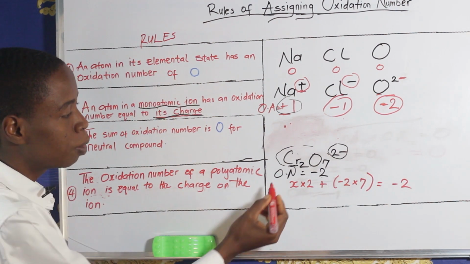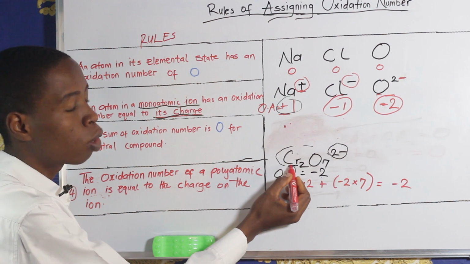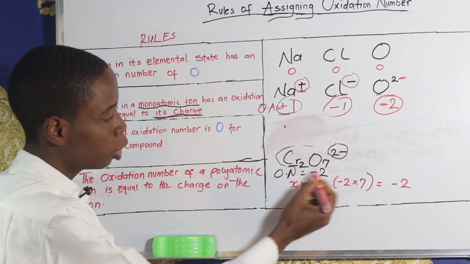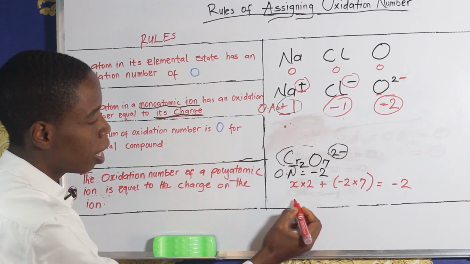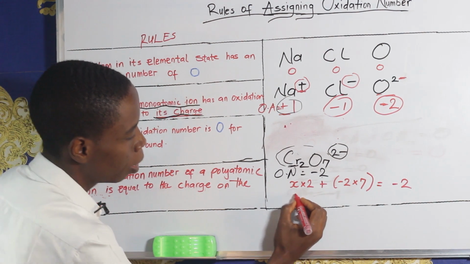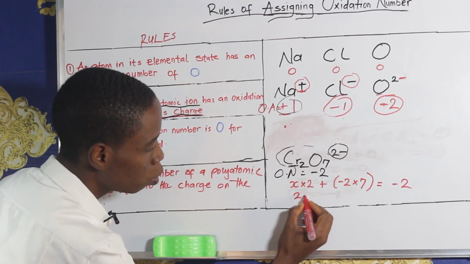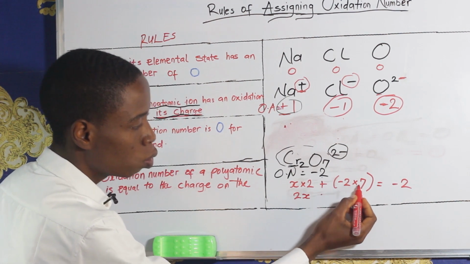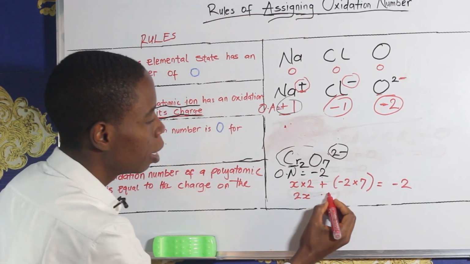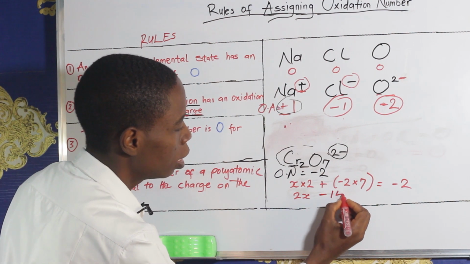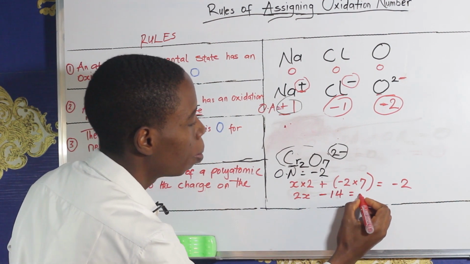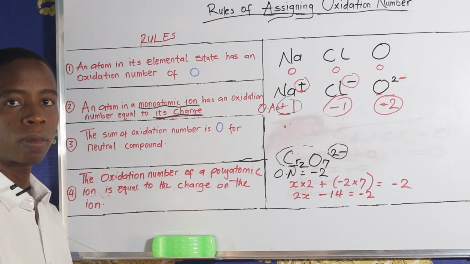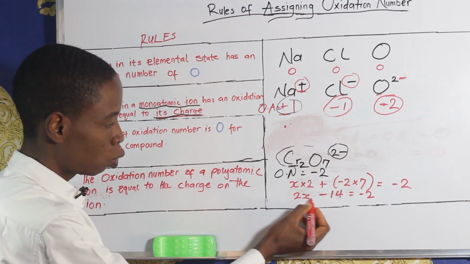Don't forget, we are trying to find the oxidation number of chromium in this equation. So let's simplify. X times 2 will be 2X. Now let's open this bracket: minus 2 times 7 will be minus 14, which equals minus 2.